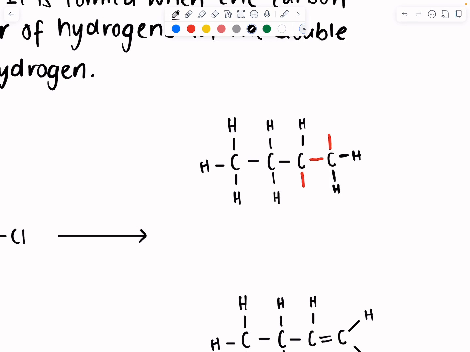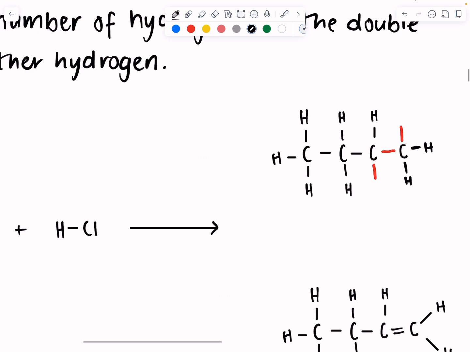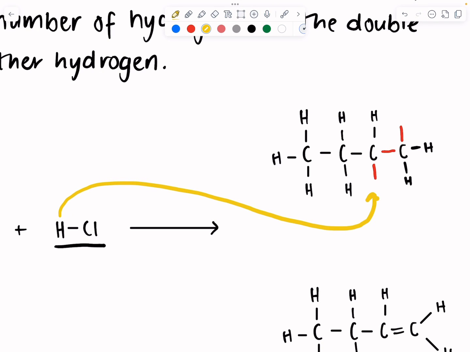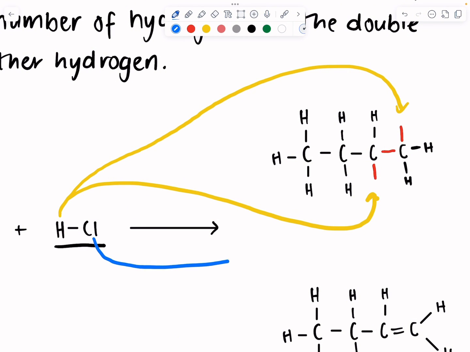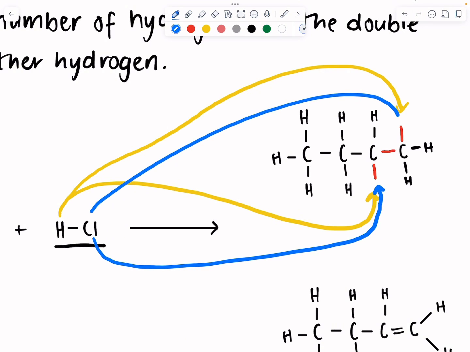And so you can see now that we've got 2 possible bonding sites. What are going to take up these spaces? Well, since we're reacting it with HCl, we can see that a hydrogen atom can bond in this bonding space or this bonding space, and the chlorine atom can also bond in either this bonding space or this bonding space.